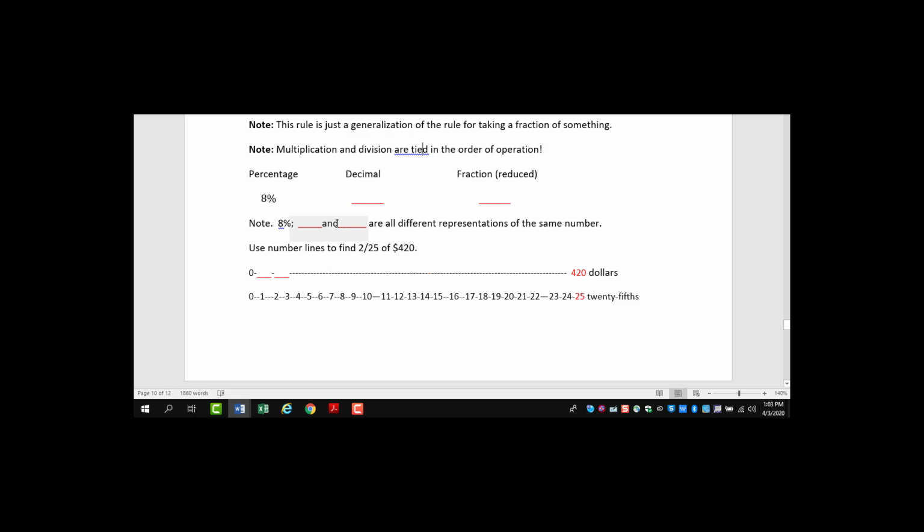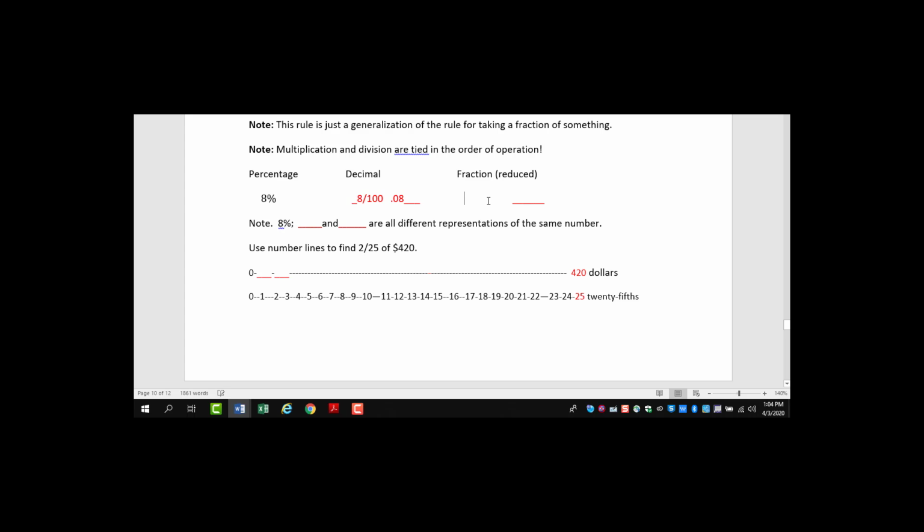So let's put this here. So we have a percentage, 8%. 8% means 8 over 100. If you put that in your calculator, you're going to get 0.08. So 0.08 is the same as 8 over 100, which is the same as 8%.